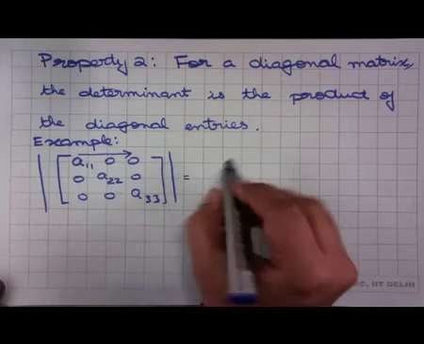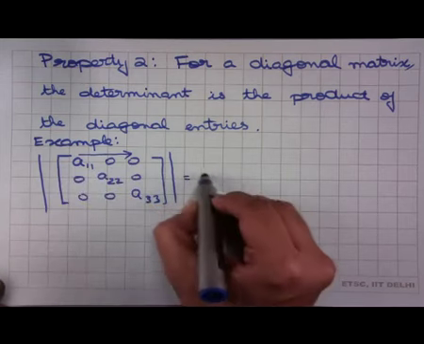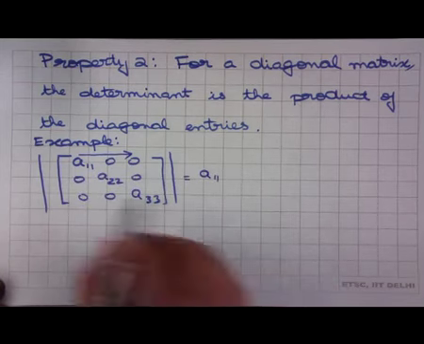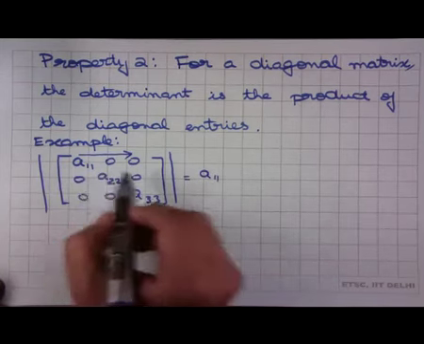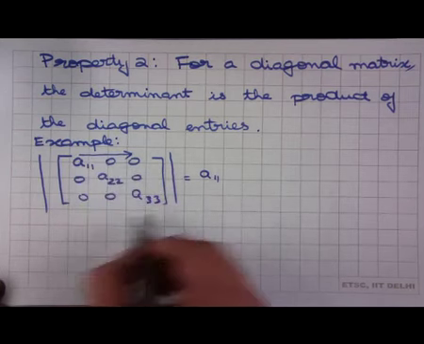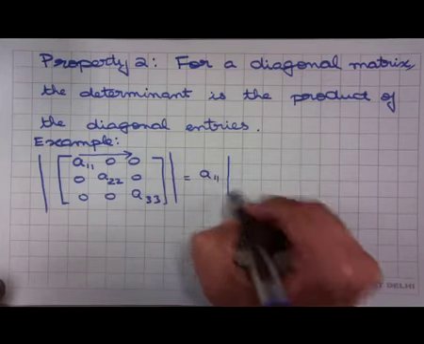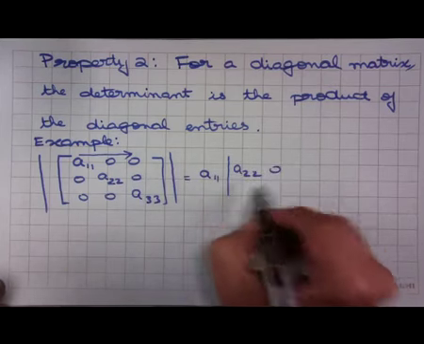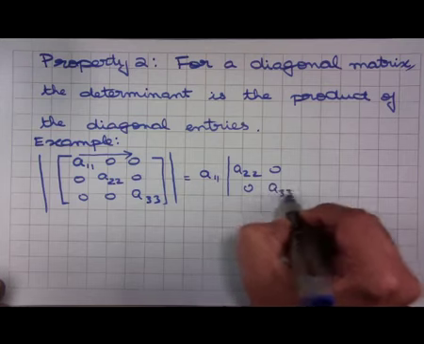So, this is going to be equal to this entry A 1 1 times its cofactor. So, the cofactor will be obtained, remember, from the definition by deleting this entire row and this column, and then what we are left with is A 2 2, 0, 0, A 3 3.